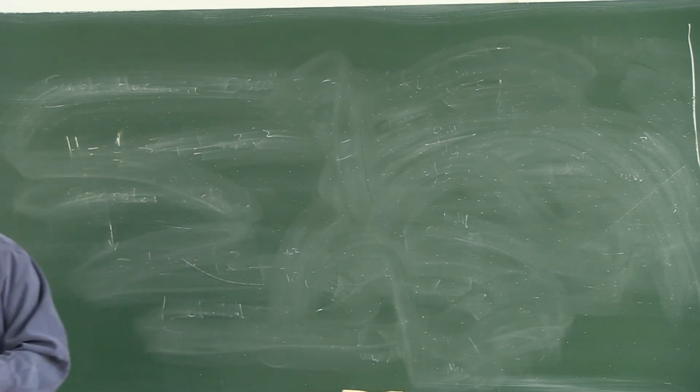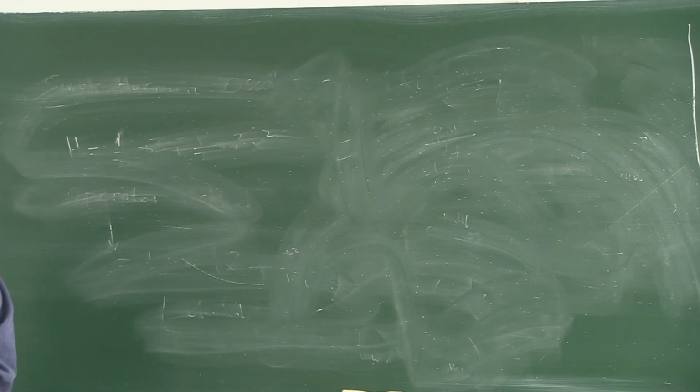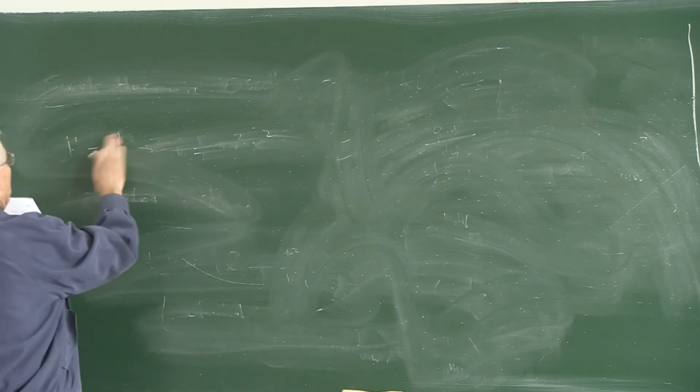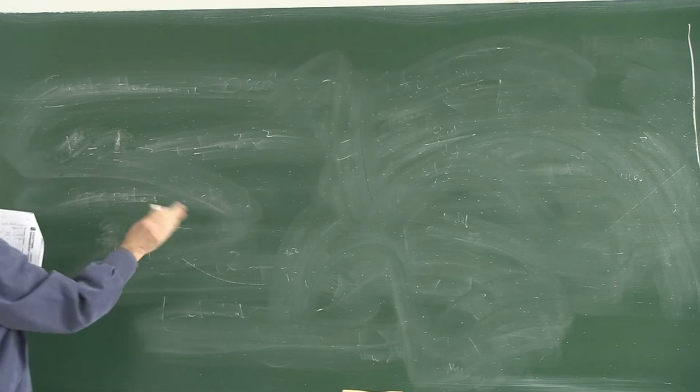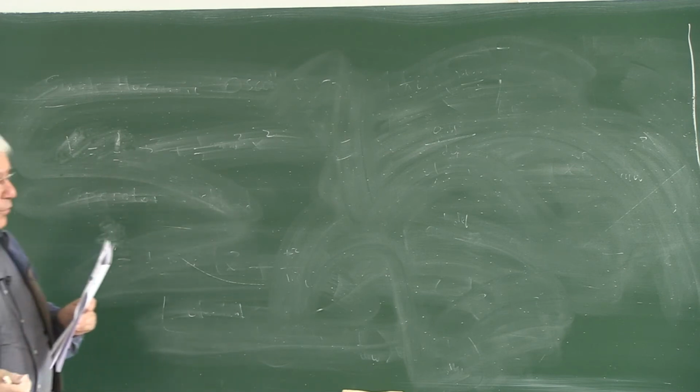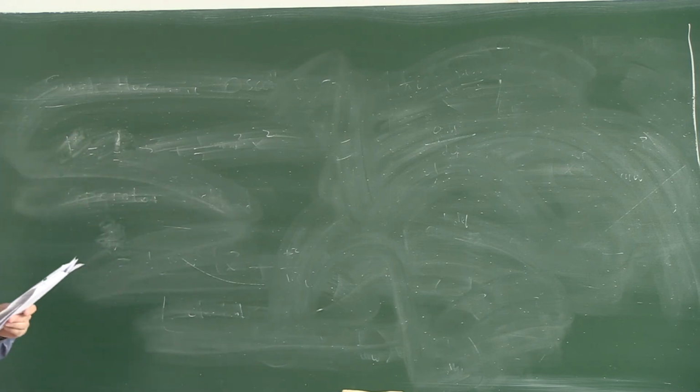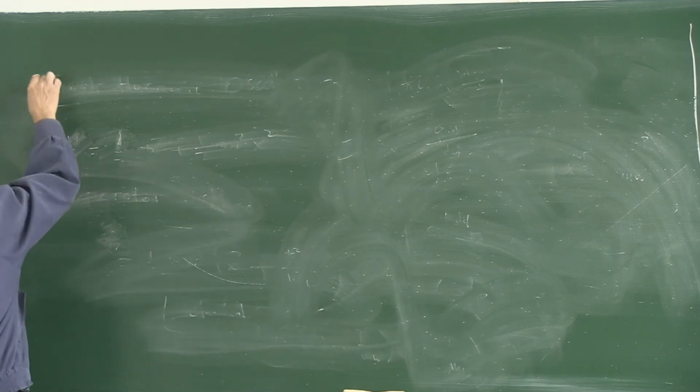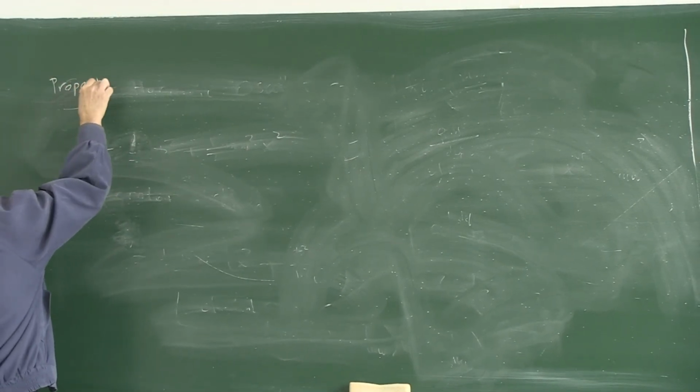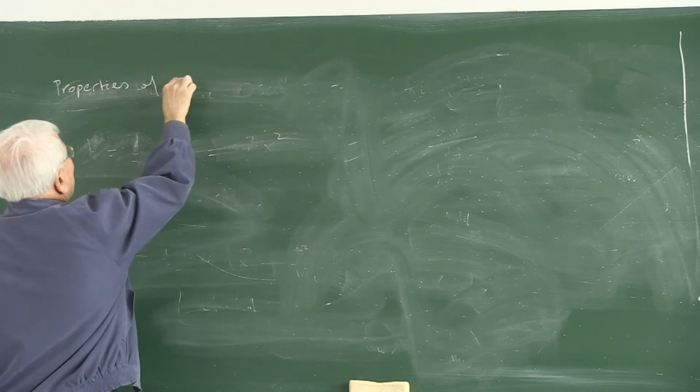To prepare ourselves in that direction, we have to do some preparation for that ultimate purpose. That requires that we reveal most of the properties of the A and A dagger that we have introduced. So let's try to construct them. Properties of A and A dagger.